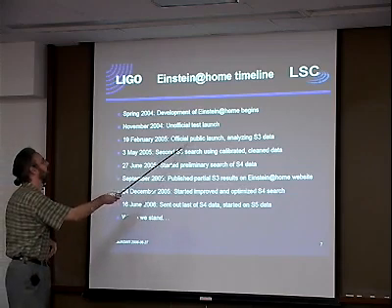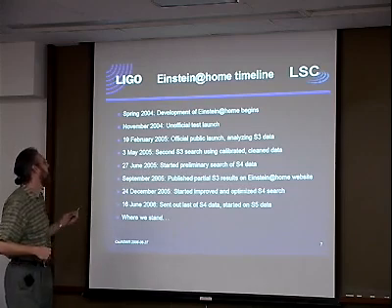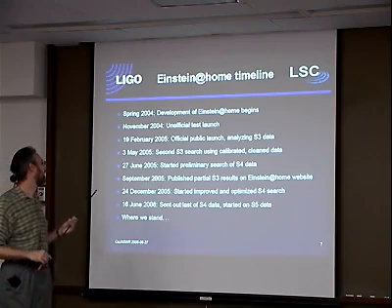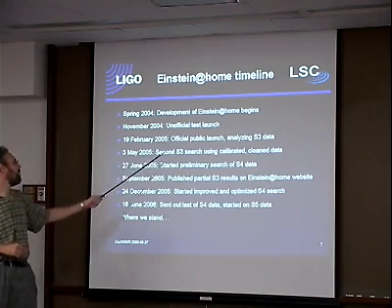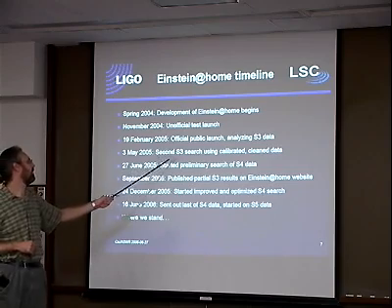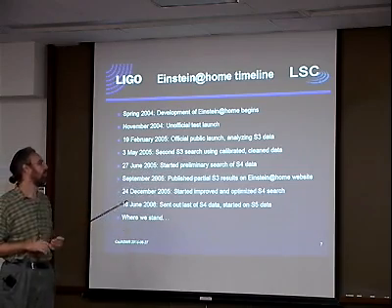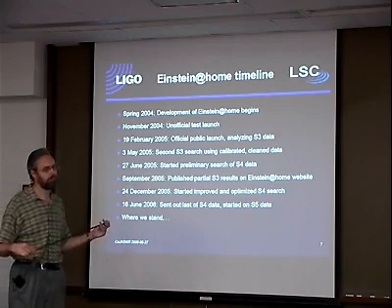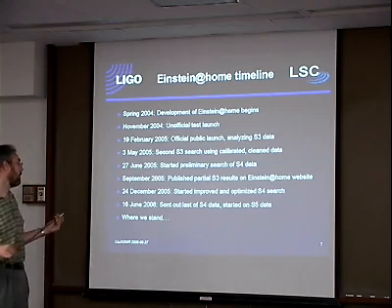It was officially publicly launched on 19th of February 2005, analyzing S3 data. In May, we started the second search of the S3 data using the final calibrations and final cleaning of the data. And that's the search that I'll be discussing later.